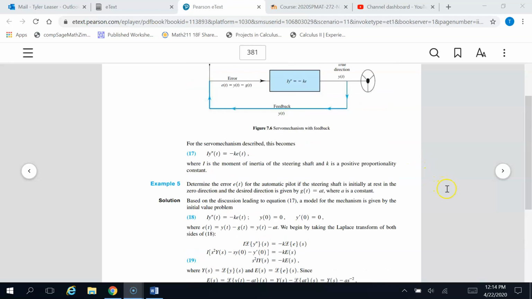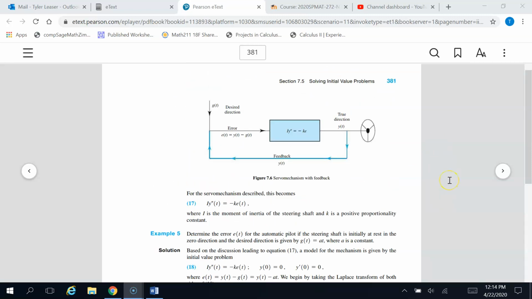So this automatic pilot that it's talking about is the autopilot that planes use or boats use. It's basically a differential equation that tells the computer how much to turn the wheel to fix for small little errors in the direction that they're traveling. You can kind of see a little diagram of it here.